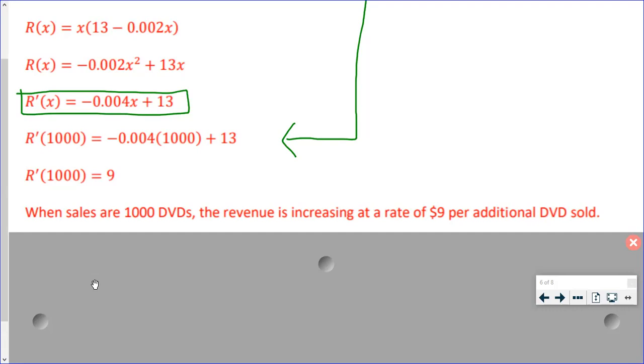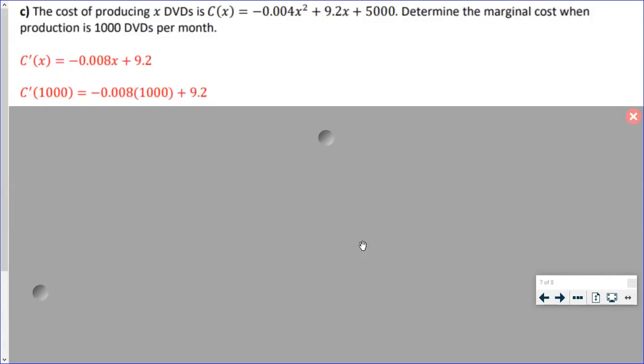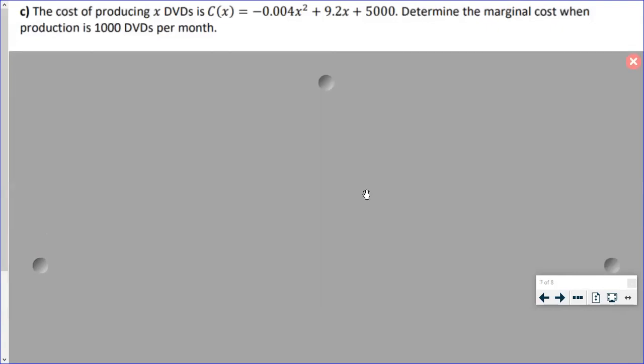For the next example, we're going to be given the cost function. The cost of producing DVDs is a quadratic function, and we're asked to determine the marginal cost when production is 1,000 DVDs per month.